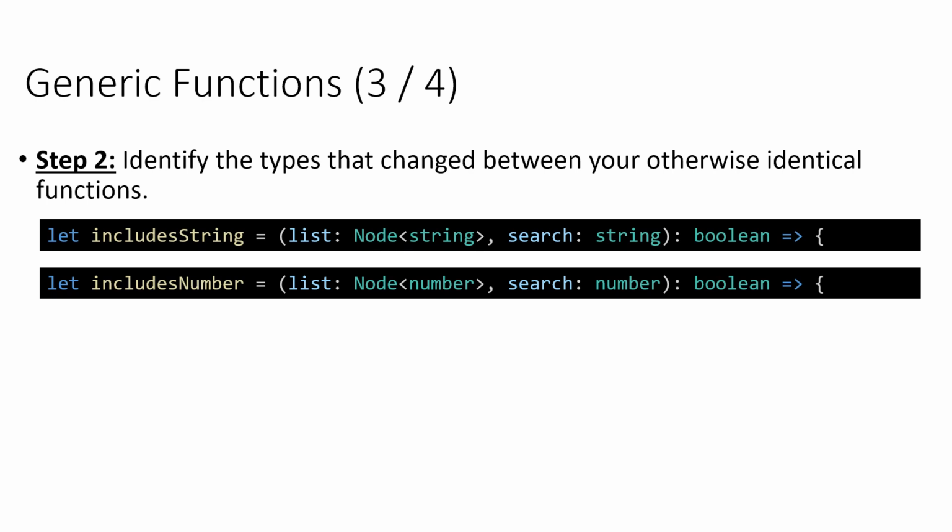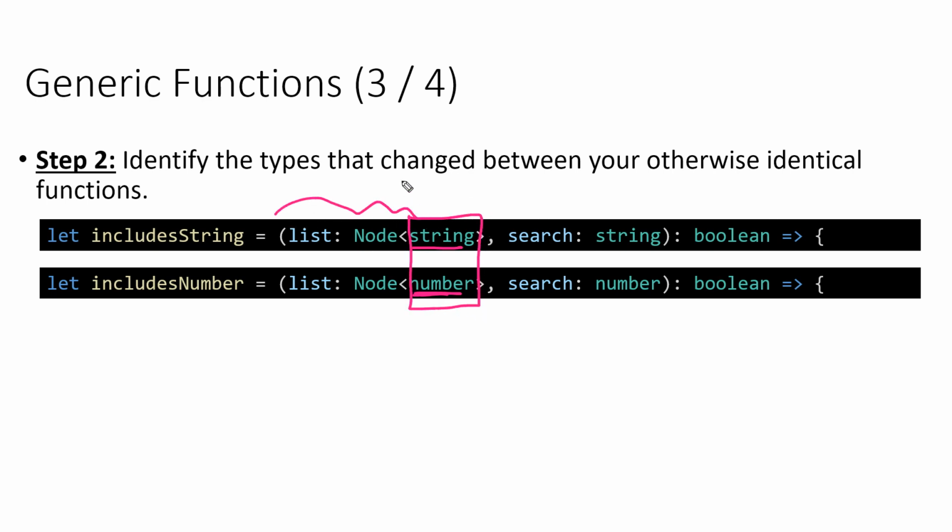So where do we go from here? We're going to next try and identify where are the places where only the type changed in our otherwise identical functions. In this case, the places where types changed were node of type string and number. So that's one place where we saw some redundancy or we saw a difference.